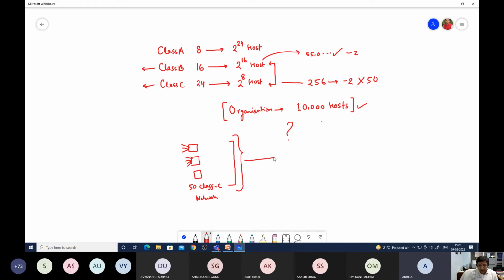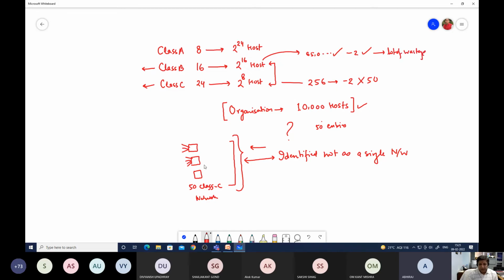Your organization will not be identified as a single network. To reach your organization, the routers before your organization have to maintain 50 entries. It's true that if you take one class B IP address, there would be a lot of wastage.